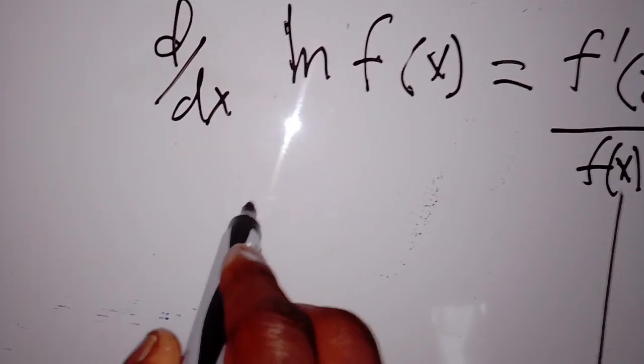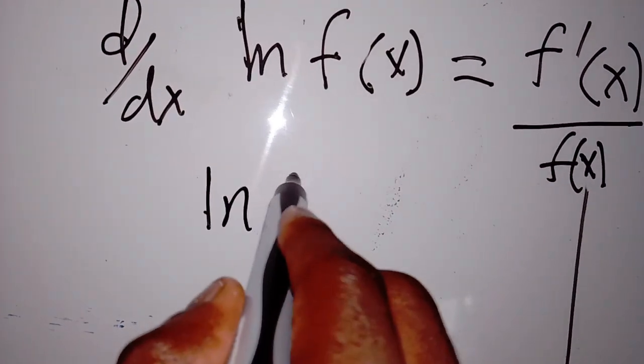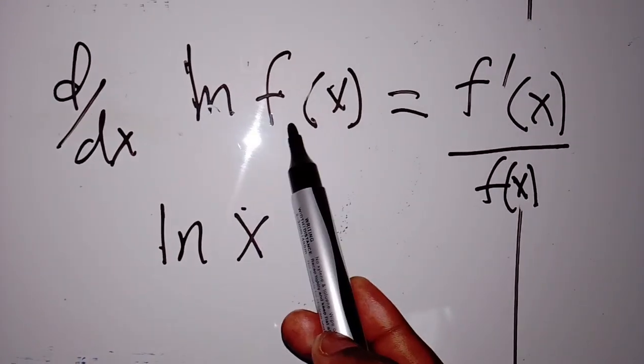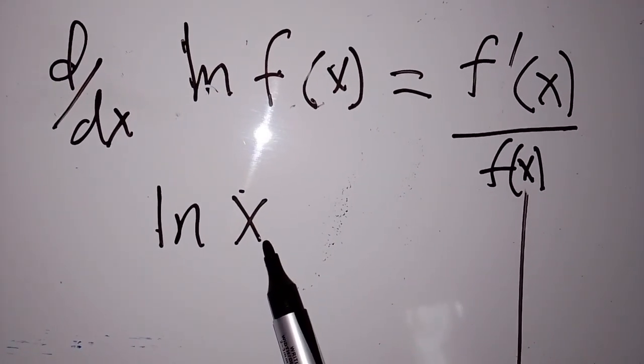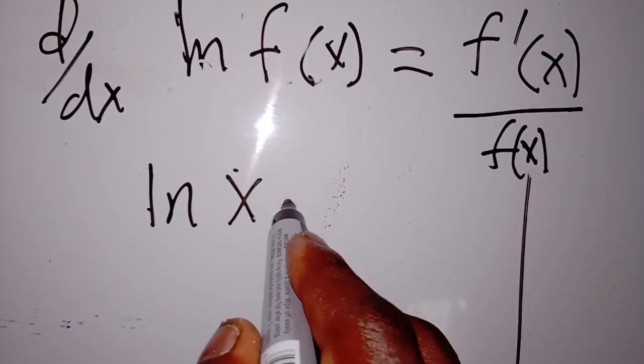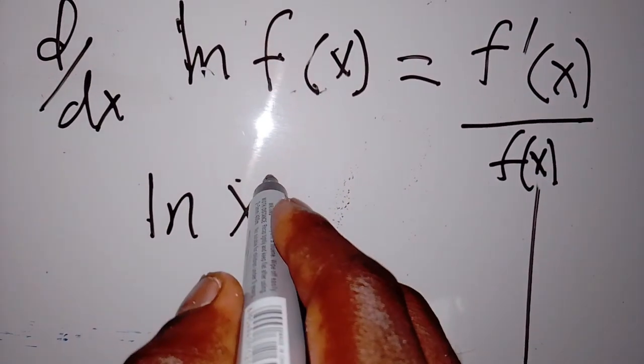For example, you have ln x, a natural log function. The function here is x. What you need to do is differentiate x.